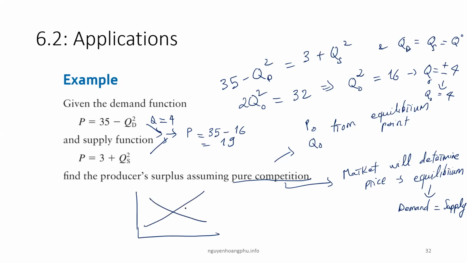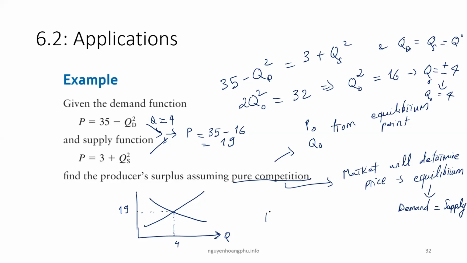Demand and supply, they meet up at Q equal to 4. The price here will be 19. Okay.